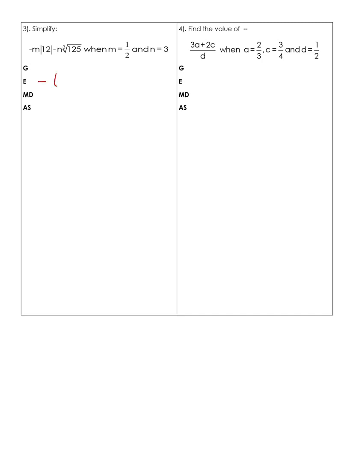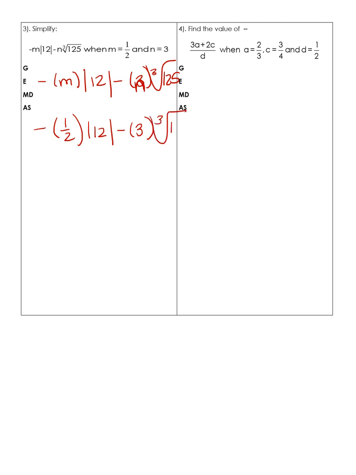Same as usual, I'm going to replace my variable and put them in parentheses. Oops, sorry, this is an N. Then I'm going to replace the values. So I'm going to go through PEMDAS. G is grouping symbols. Yep, I see my absolute value. The absolute value of 12 is 12.